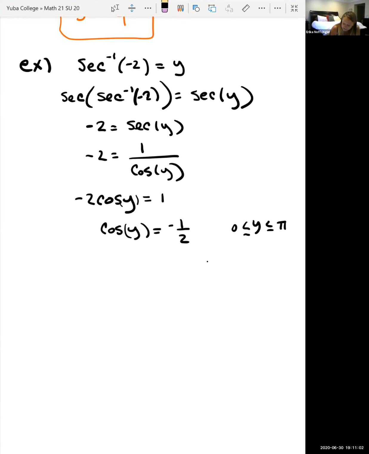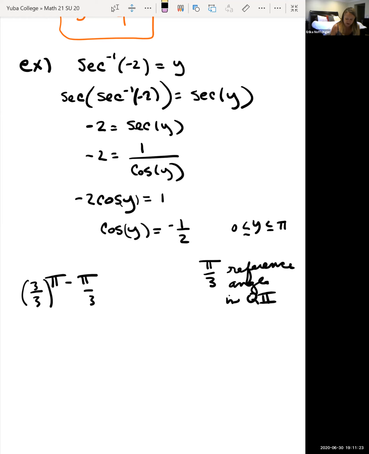So pi thirds is my reference angle in quadrant 2. To get that value, pi minus pi thirds, so 3 pi thirds minus 1 pi thirds is 2 pi thirds. So y would equal 2 pi thirds.